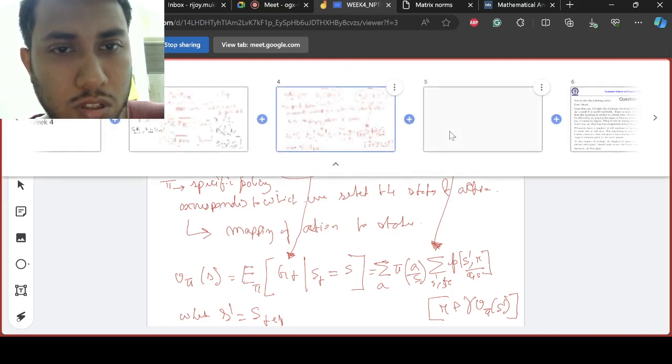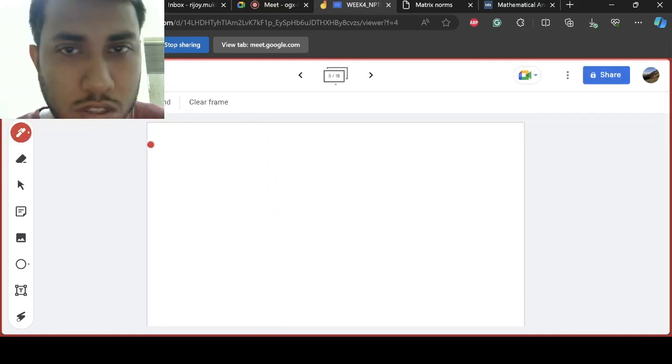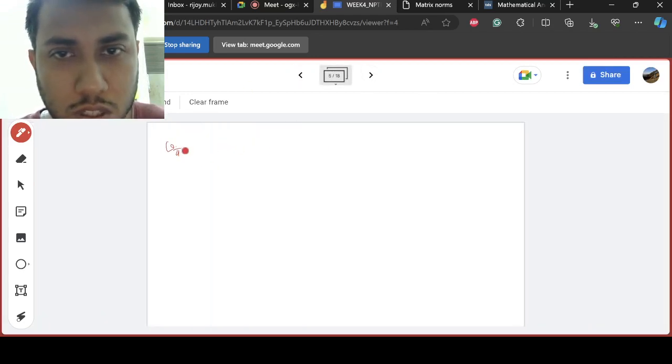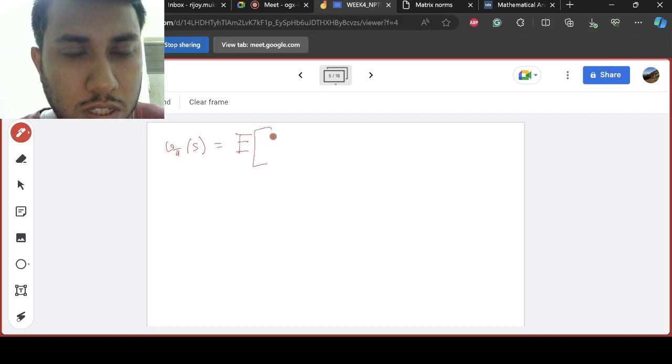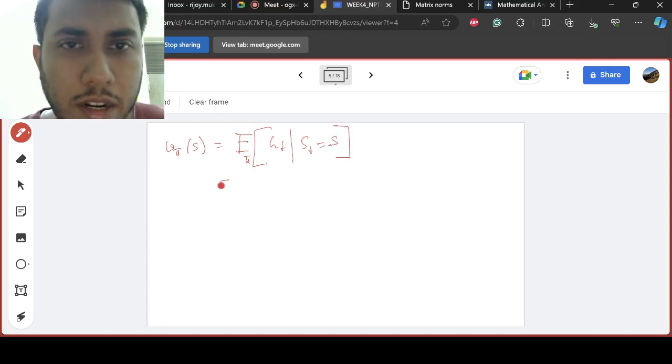Let me write this again. You have v pi s, which is the expected return at state s, that is, the expectation of G t given S t equals s.